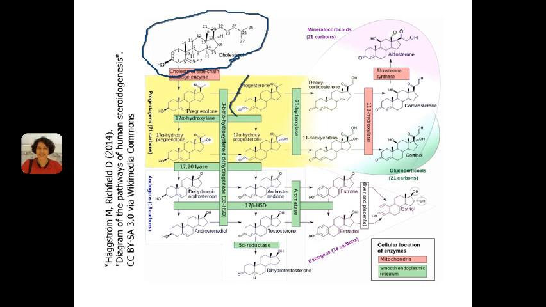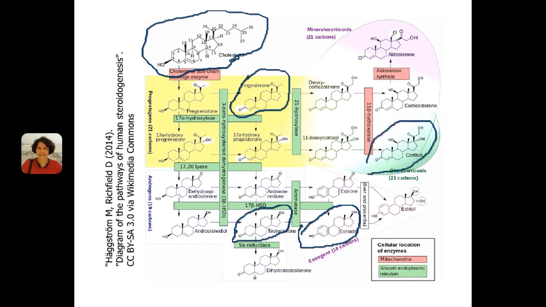Here is progesterone. Here is testosterone. Over here we have estradiol. And here we have cortisol. Those are just a couple of examples of various steroid hormones that have different functions in the body.